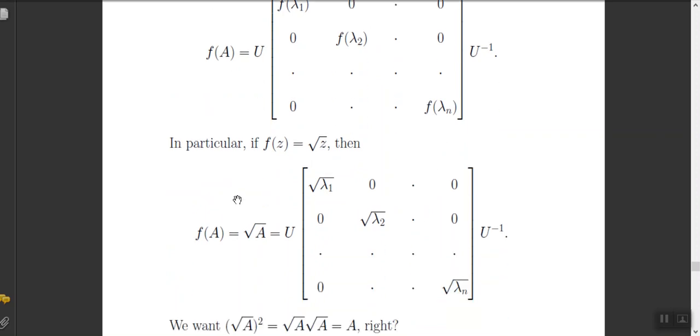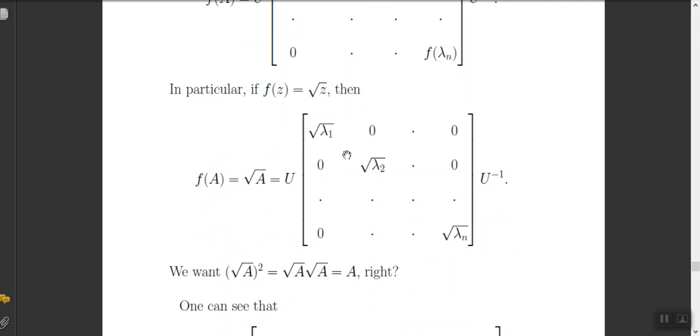Now, for example, if F of Z is the square root of Z, then F of A, which is actually the square root of A, is defined to be U, then F moves on the diagonal entries, the square root of lambda 1, the square root of lambda 2 up to the square root of lambda n, then U inverse.